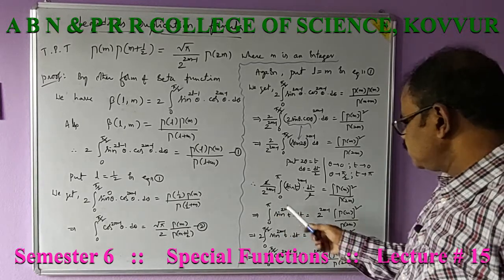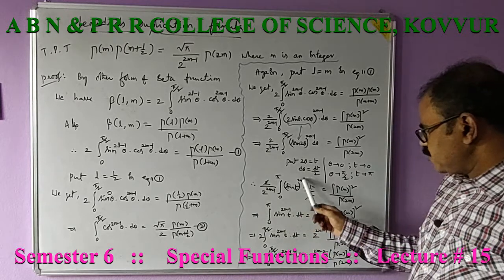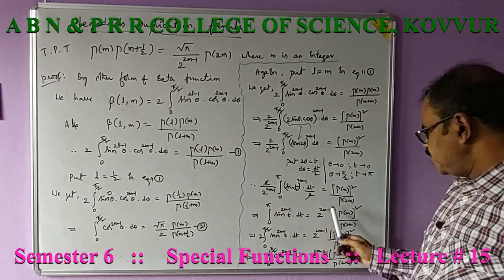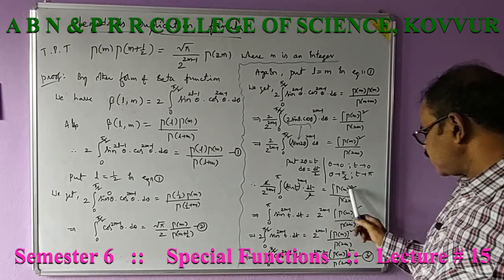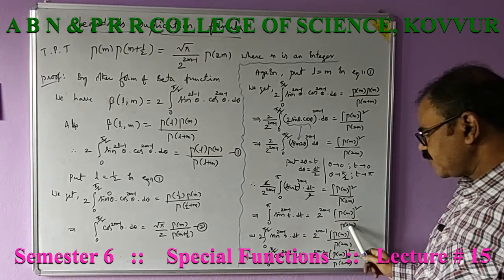So integral 0 to pi sin to the power of 2m minus 1 t dt is equal to, the denominator goes here, 2 to the power of 2m minus 1 gamma m whole square by gamma 2m.